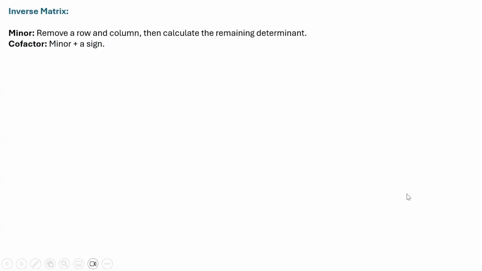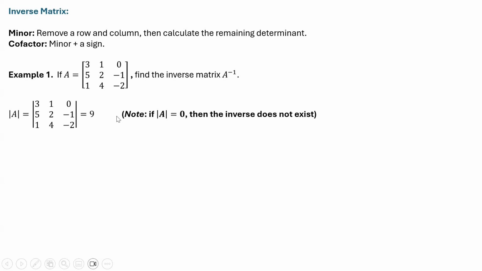Next, we learn some terms of the inverse matrix. Before that, we need to understand two things, minor and cofactor. For example, for this question, we are told to find the inverse matrix. How are we going to do it? We need to find the determinant first.